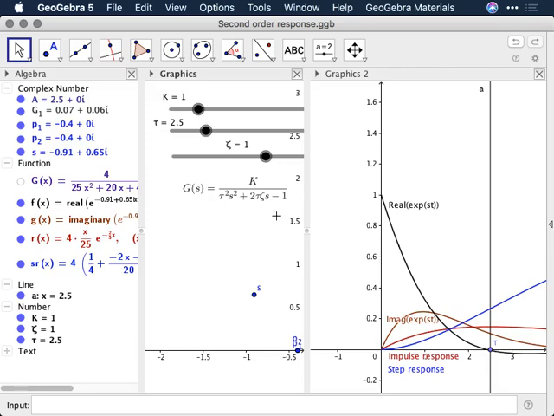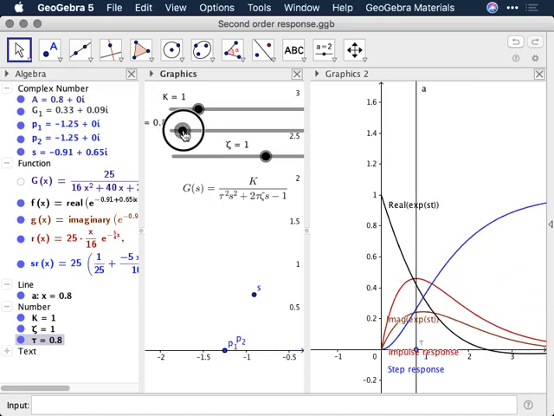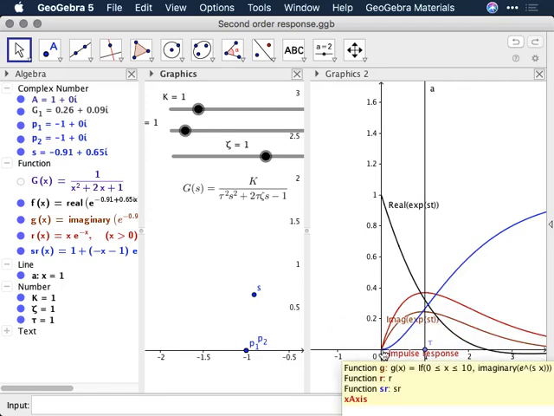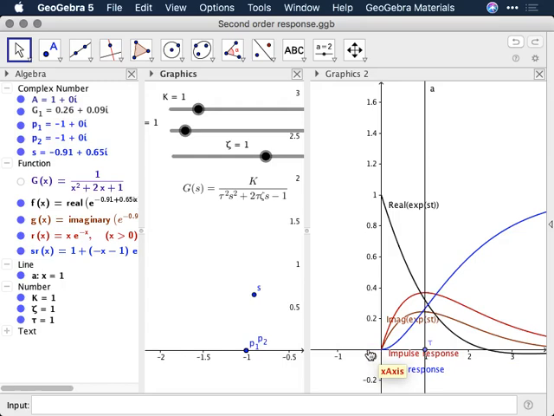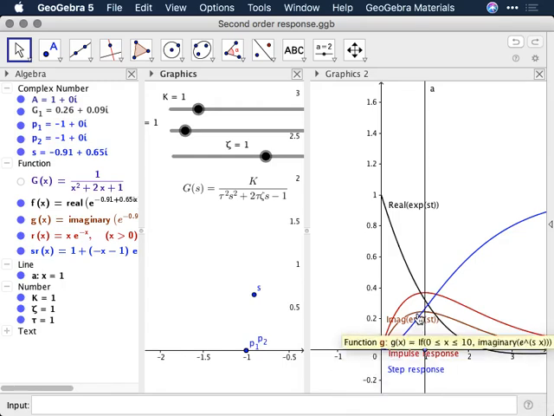So the damping coefficient is just in this standard form of the second order response, and we can see that the response is exactly as I drew it. You can see that this blue line is the step response, and at that initial value, we go smoothly from 0 into this curve instead of having that sharp corner.